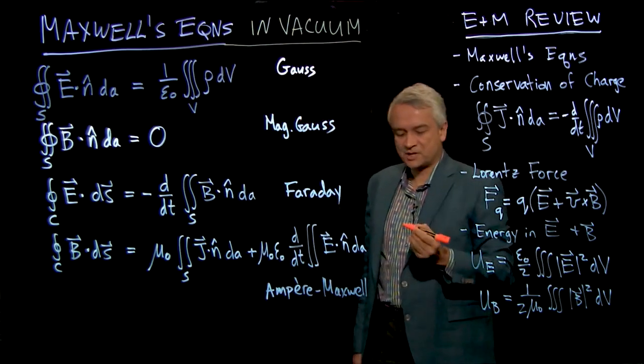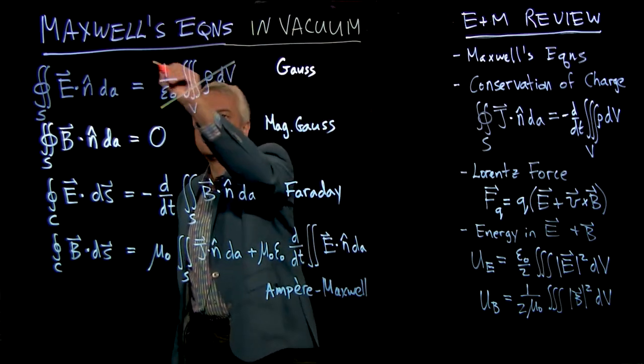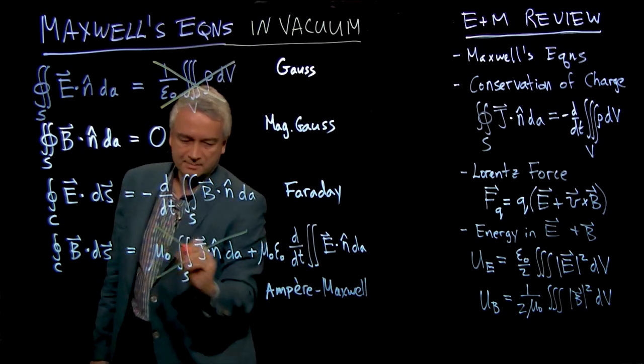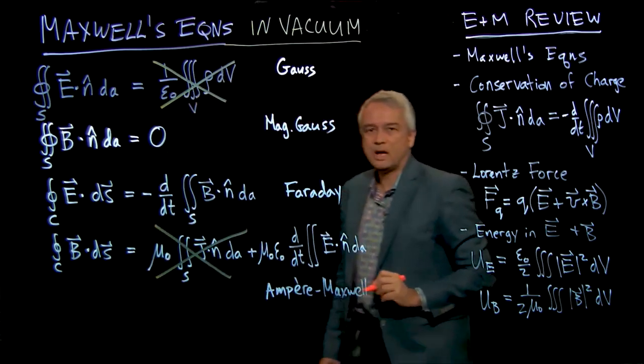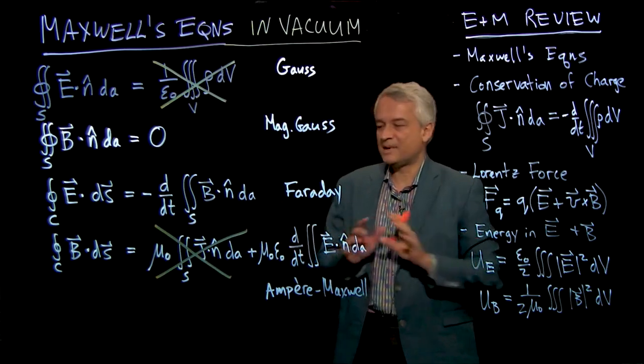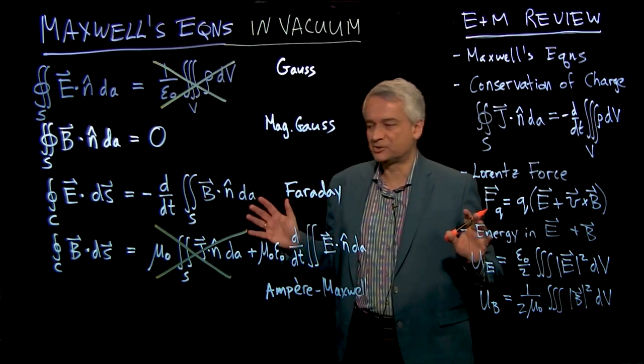So I look for the charges and currents on the board, and I cross them out. So no charges anymore, and no currents anymore. That means I just crossed out the whole starting point of electricity and magnetism.